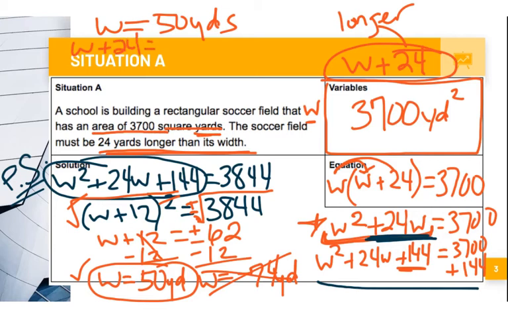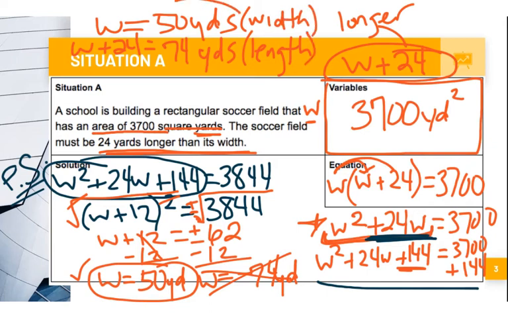So 50 plus 24, 74 yards. So that's my length, and the W is my width. Okay, so those are my answers. Don't forget the units. If they ask for it, then you need to have those units there.